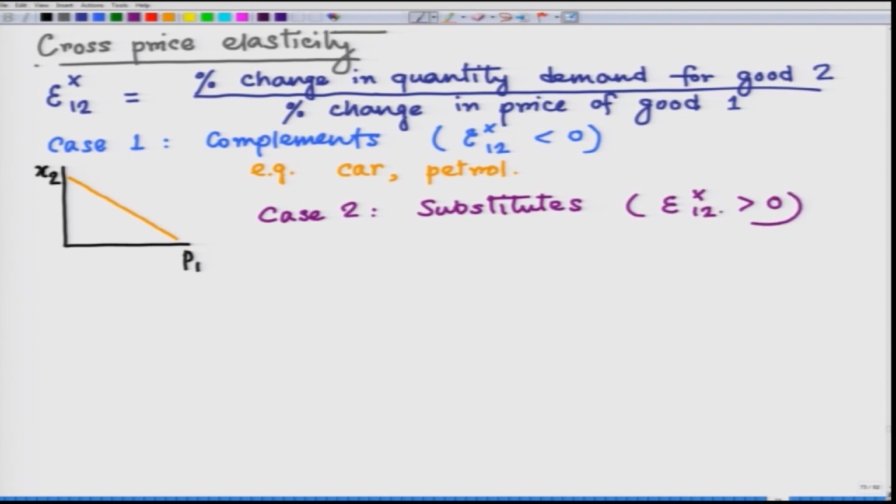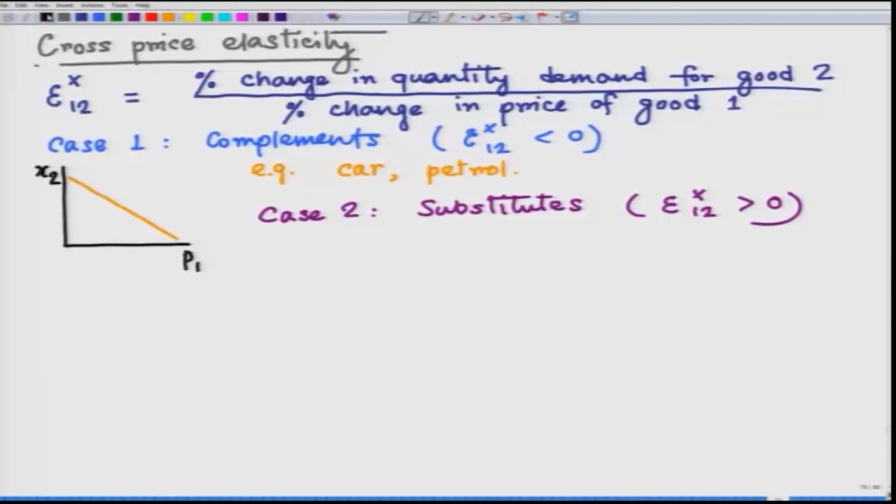What could be the example of substitutes? I can give you two examples. One could be the case of butter and margarine, and one could be the case of tea or coffee. So, if the price of coffee goes up in the market, then the consumer tends to substitute coffee with tea, because then tea becomes a relatively cheaper item.